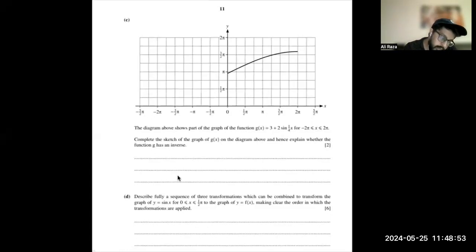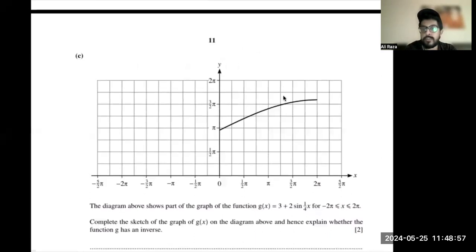In part C, we need to complete the sketch of the curve. We're given the graph for 0 to 2 pi. We need to sketch it for 0 to minus 2 pi.